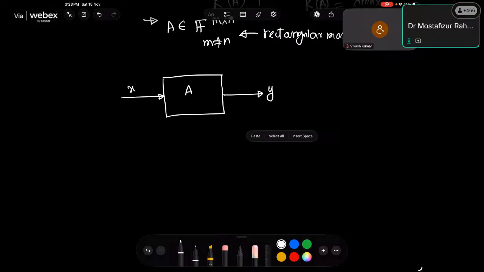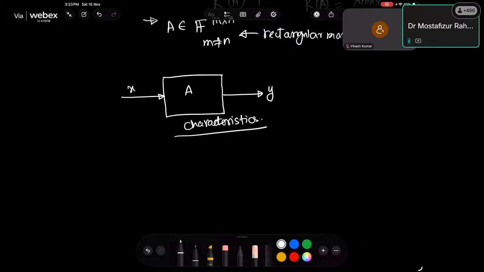It can be large dimensional, rectangular, a tall matrix or a fat matrix, depending on whether m is greater than or less than n. So this A determines various characteristics.